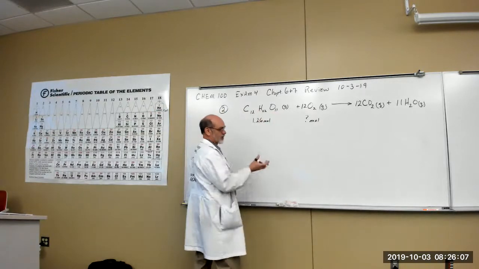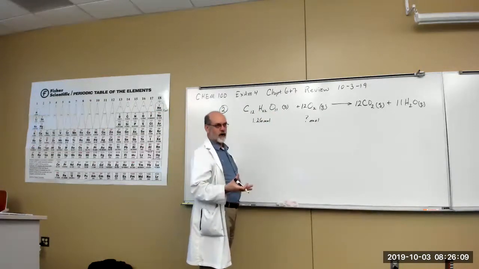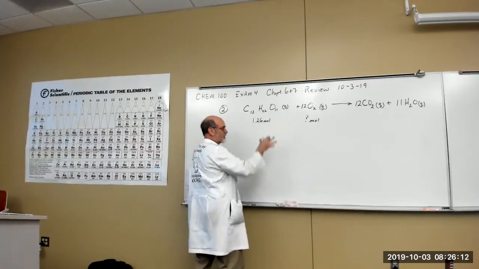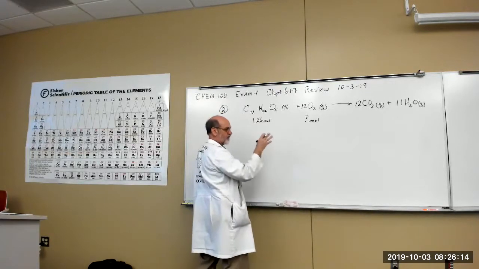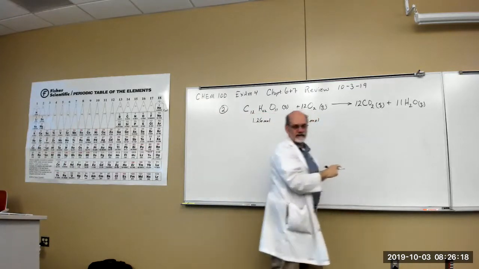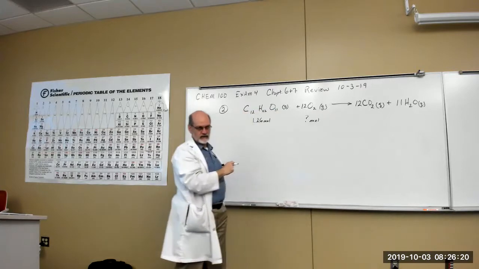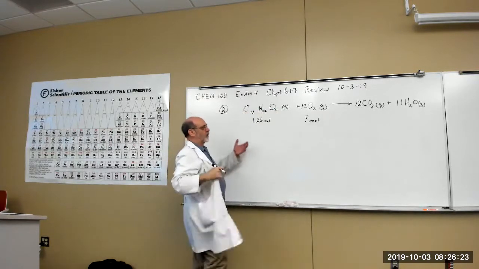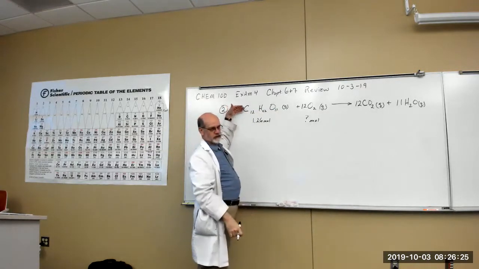So now we've just got a conversion problem. Once you balance the equation, those ratios are fixed. 1 to 12 to 12 to 11. And they cannot change.